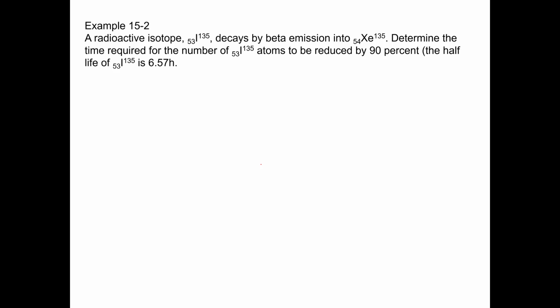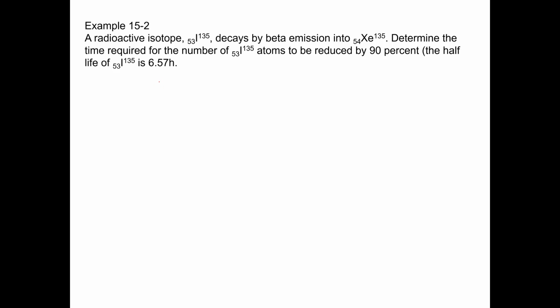Let's look at a quick example problem here. This example problem reads, a radioactive isotope, iodine-135, decays by beta emission into xenon-135. Determine the time required for the number of iodine atoms to be reduced by 90%. The half-life is 6.57 hours.